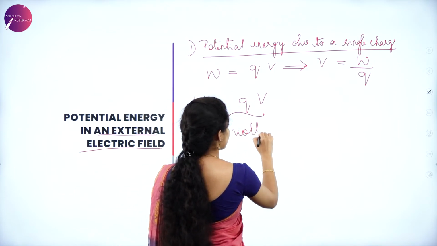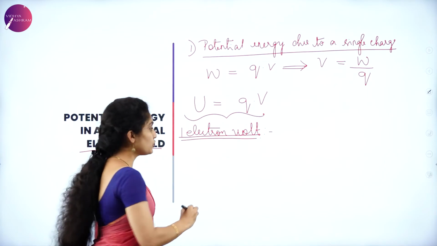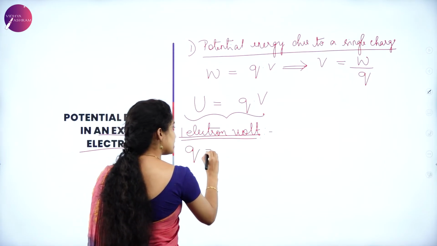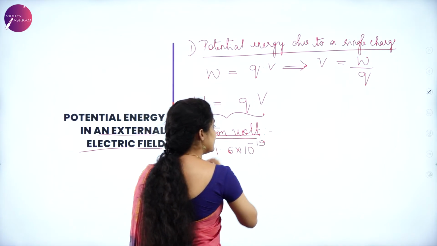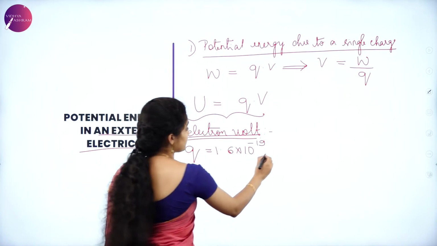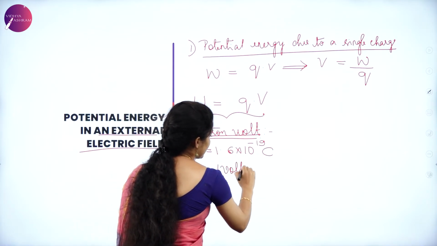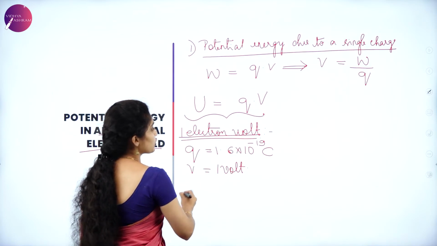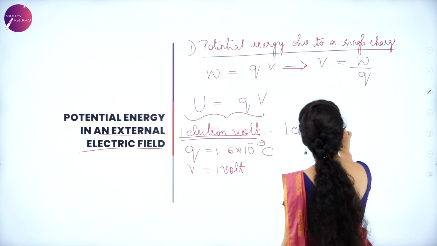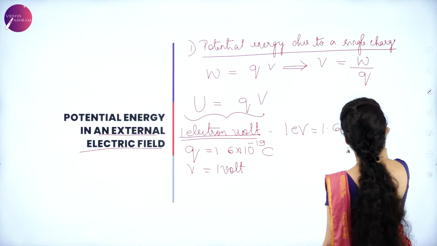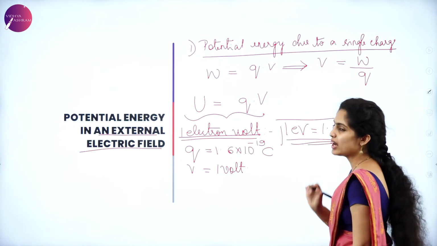Suppose you have a charge Q equal to 1.6 into 10 to the power of minus 19 coulomb and a potential of 1 volt, then 1 electron volt's value will be 1.6 into 10 to the power of minus 19. So this is all about your 1 electron volt.